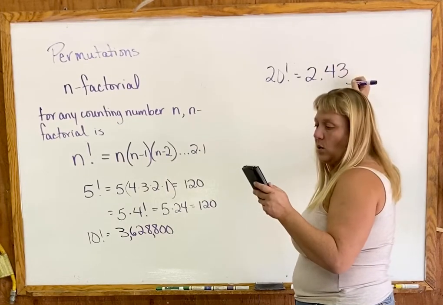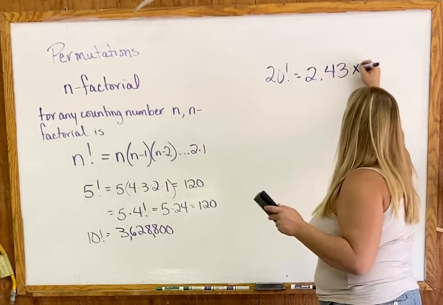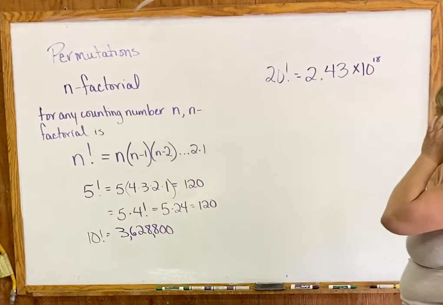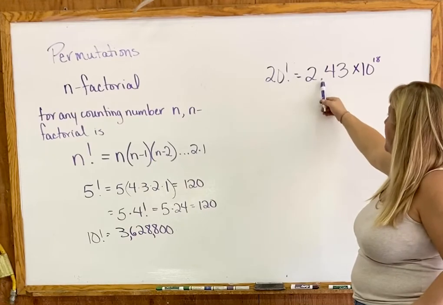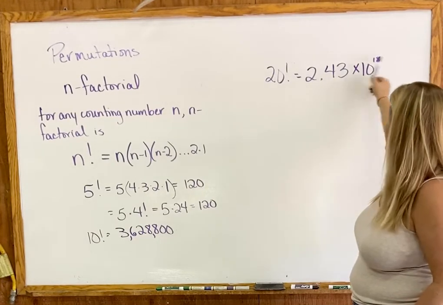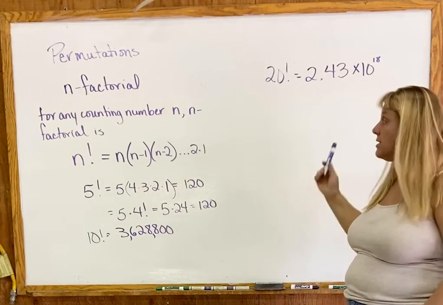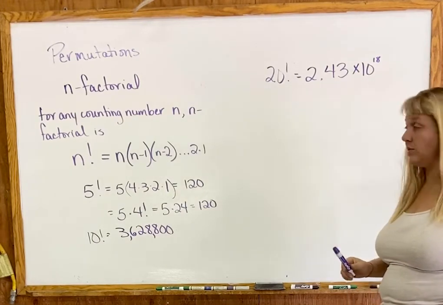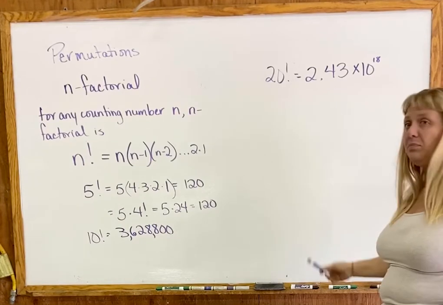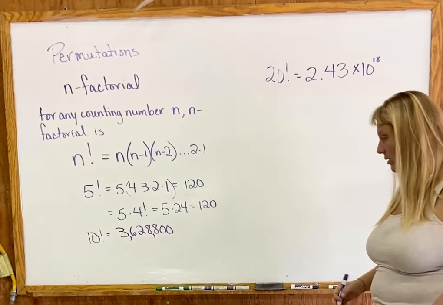I got 2.43 times 10 to the 18th power. So that means this 2, and after the decimal place there are 18 more digits, the 4, 3, and then 16 more zeros. So these factorial numbers are huge, and anything we can do to simplify them will make life easier.